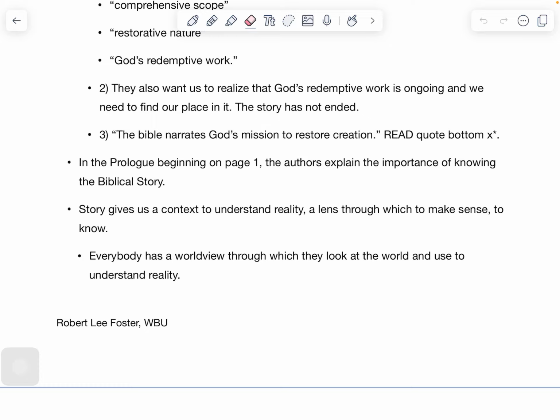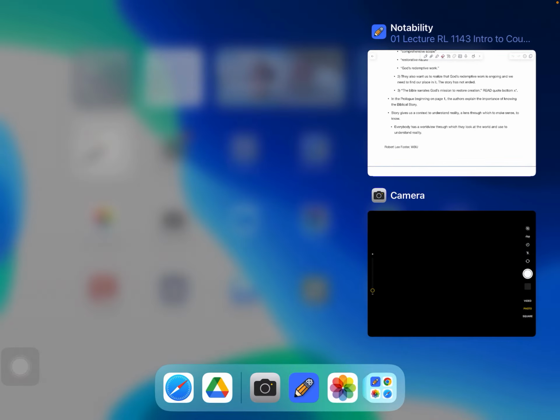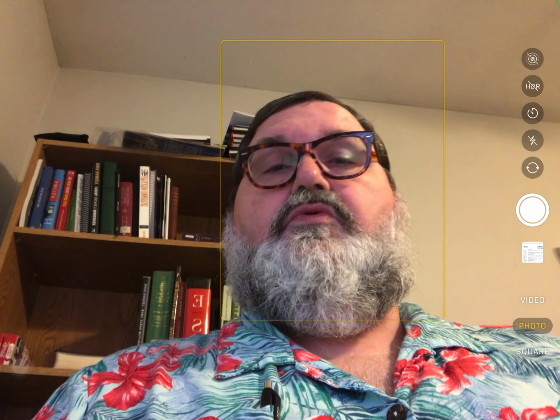Everybody has a worldview, not just Christians, a way that we define what's right with the world, who we are, how we find our identity, what's wrong with the world, how we fix the world. All of us have a worldview.